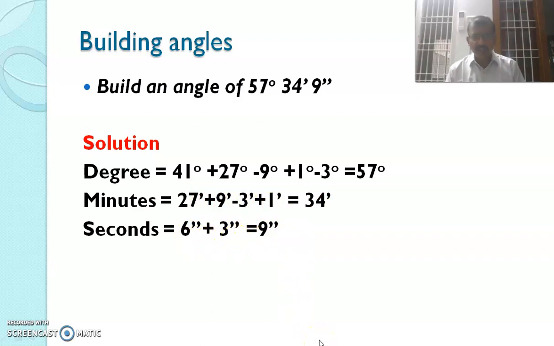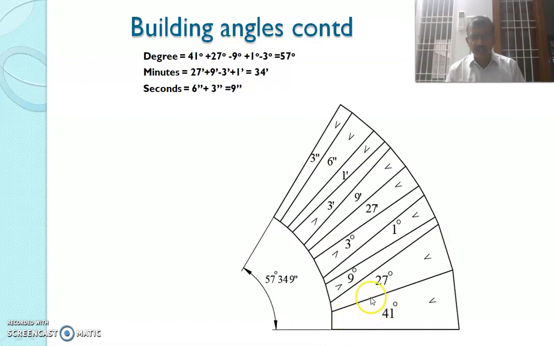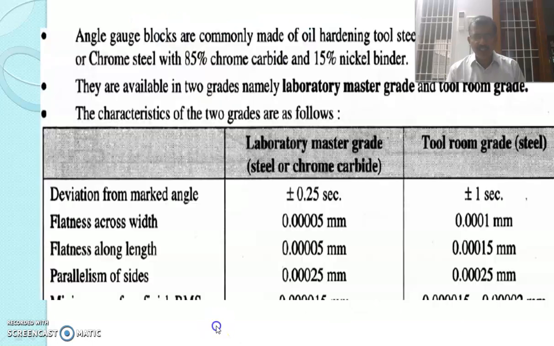So we can build the angle: 41, 27, minus 9, where the symbol is in the opposite direction, then plus 1 degree, minus 3 degrees, plus 27 minutes, plus 9 minutes, minus 3 minutes, where the symbol is in the opposite direction, plus 1 minute, 6 seconds and plus 3 seconds. So totally it forms an angle of 57 degrees, 34 minutes and 9 seconds.